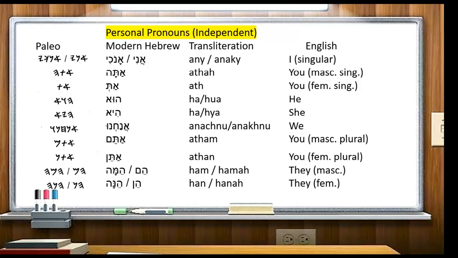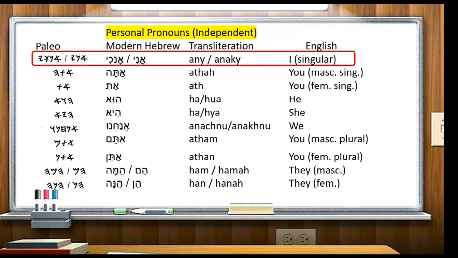So to say I, we may say ani or anaki. I will pause again to say this, that a number of the words we will look at in the various slides are from biblical or ancient scriptural usages.